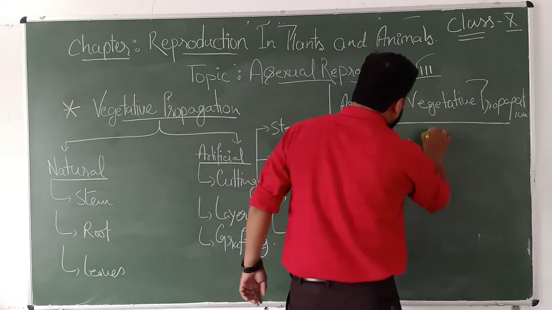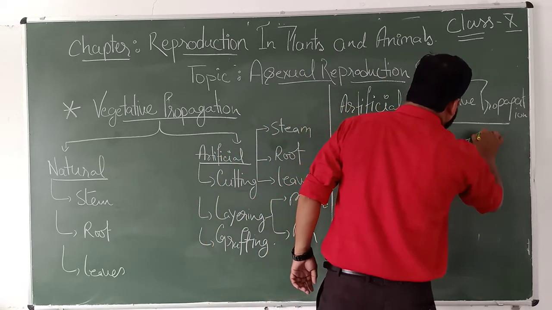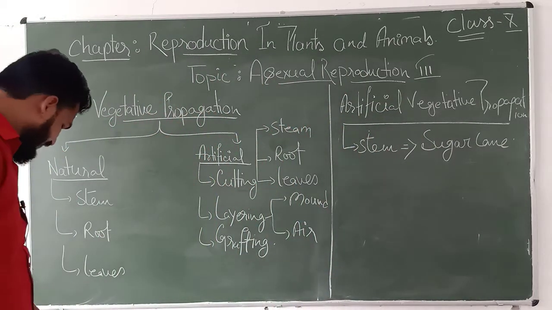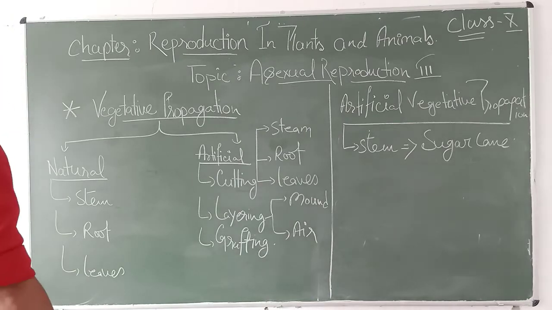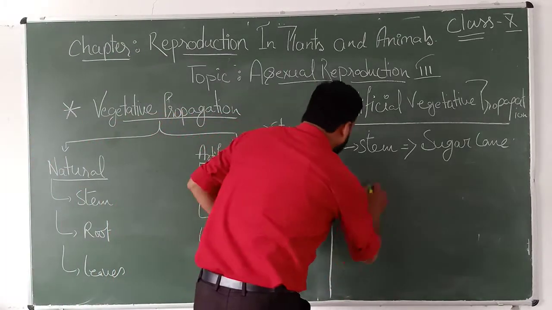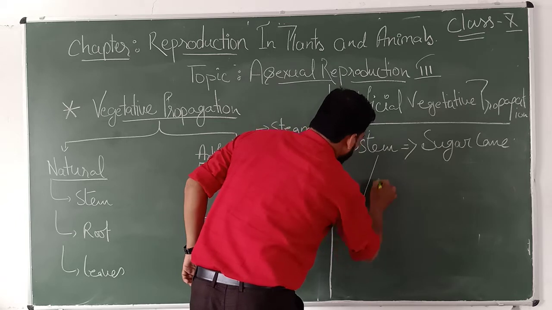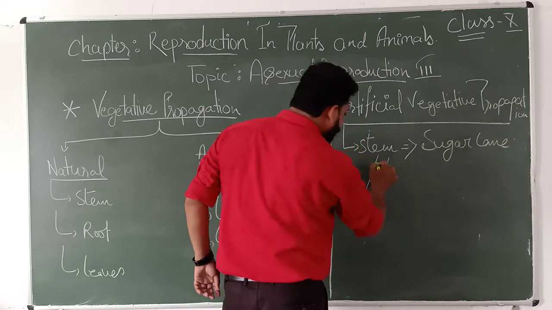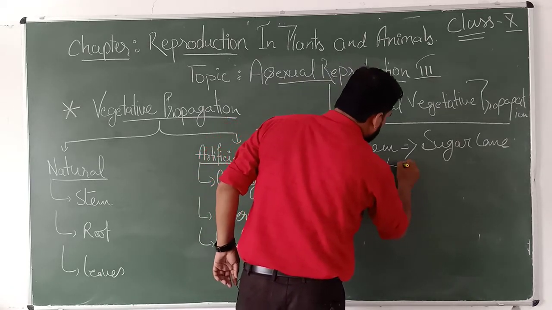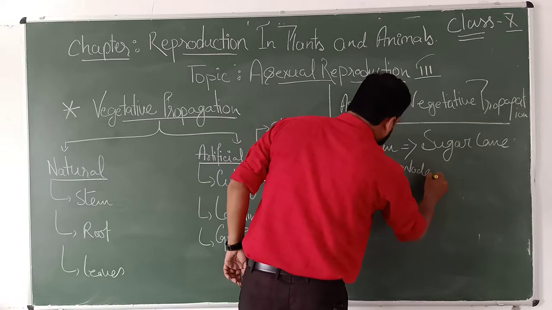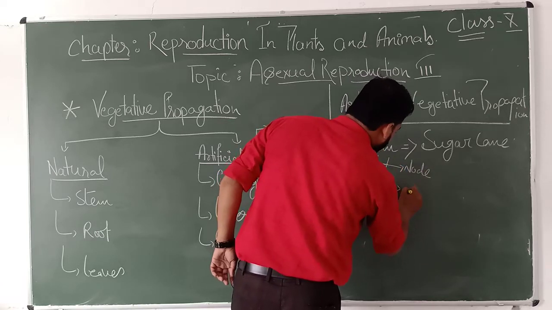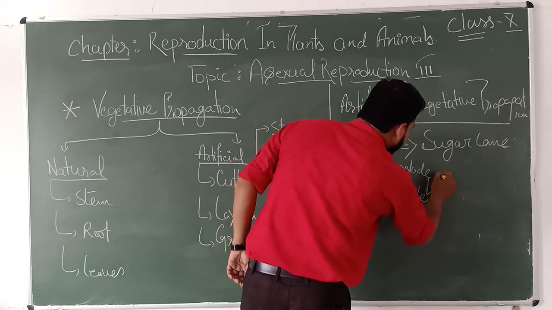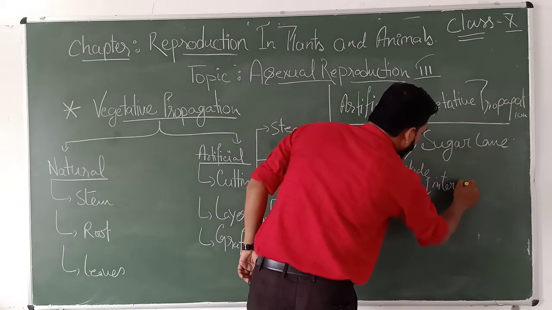We can talk about sugarcane. You all must have eaten sugarcane or must have seen how sugarcane is planted. Sugarcane plant looks like this. It bears several nodes and internodes. This position is called the node, and this is also a node, and the space between two nodes is known as internode.